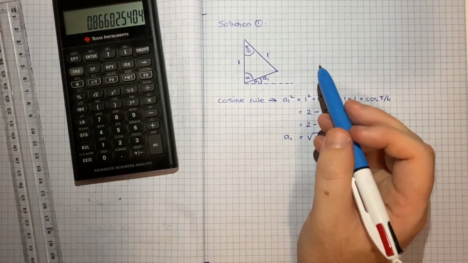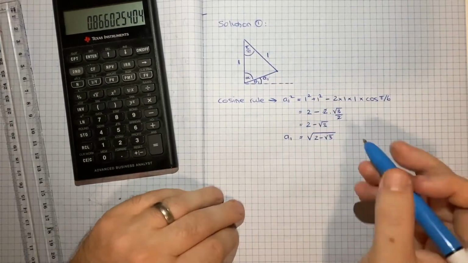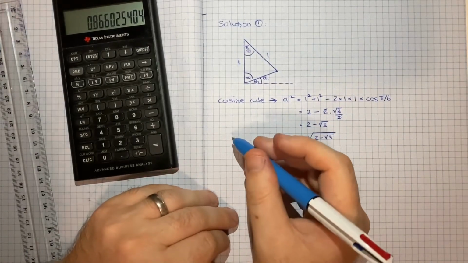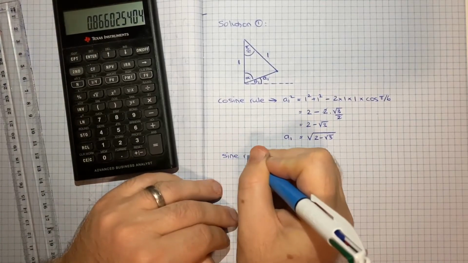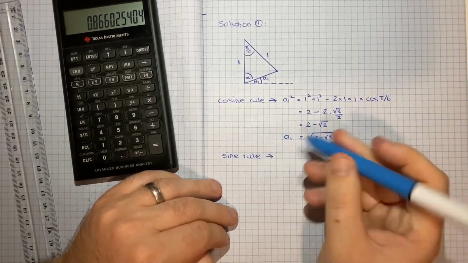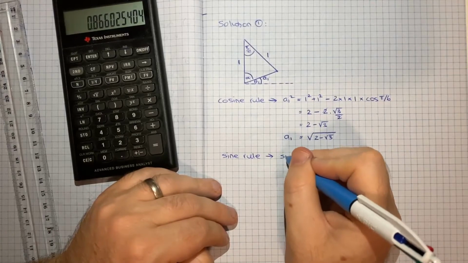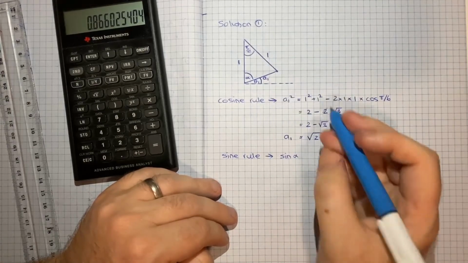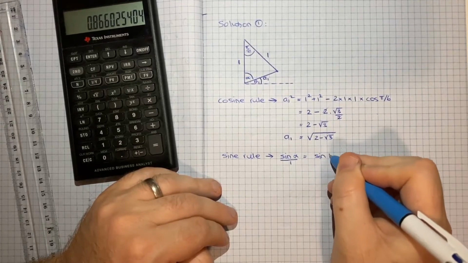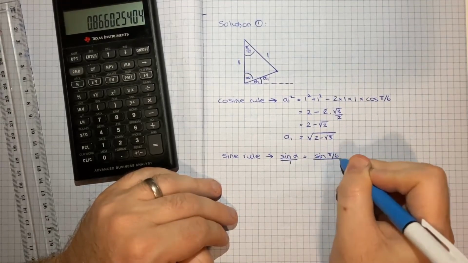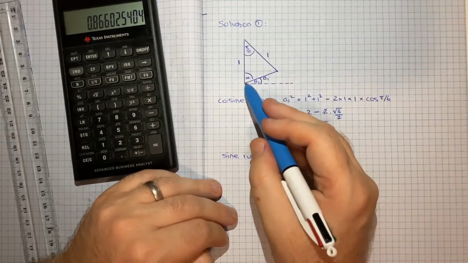Now to get our alpha, I think we can use the sine rule. So if we make use of our sine rule here, we could say that sine of alpha on 1 is equal to the sine of pi on 6 divided by A1.